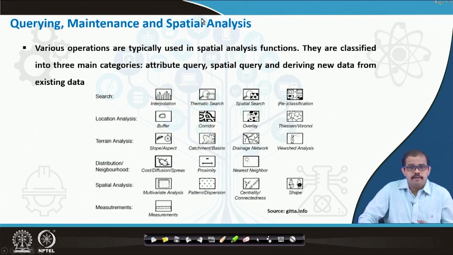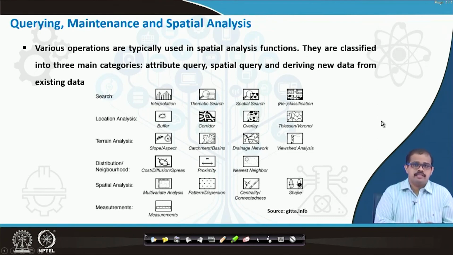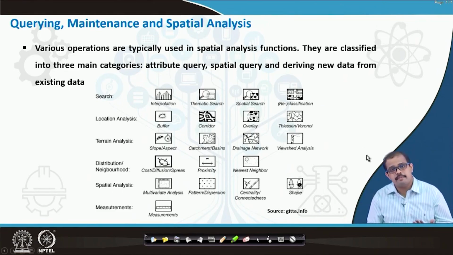For example, let us say that there is a particular industry. In the proximity of that industry, the next 5 kilometers, it may not be feasible or good to have human habitations. If it has to be marked spatially as non-habitable regions, you will have to draw it spatially, and such proximity analysis can be made.